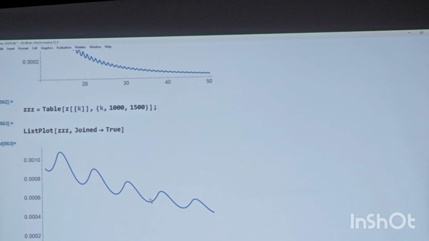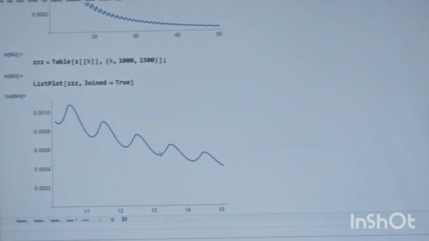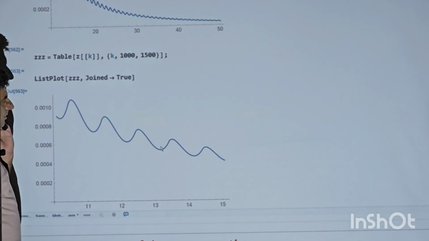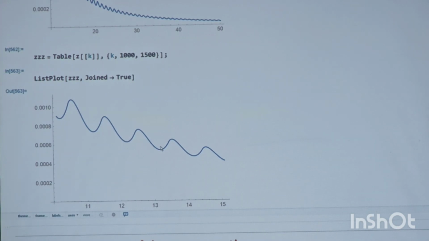These oscillations are called de Haas oscillations. Van Alphen de Haas oscillations. So this is a real magnetic field oscillatory behavior that you observe.